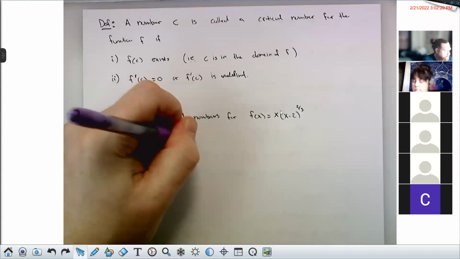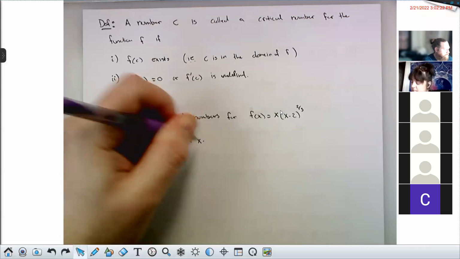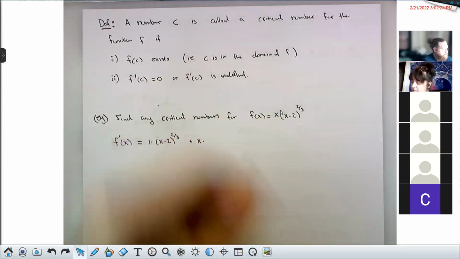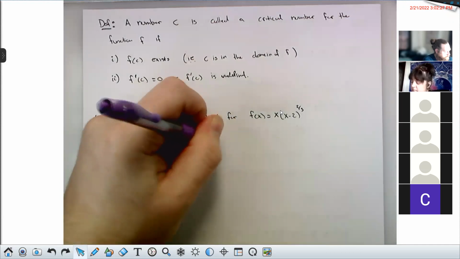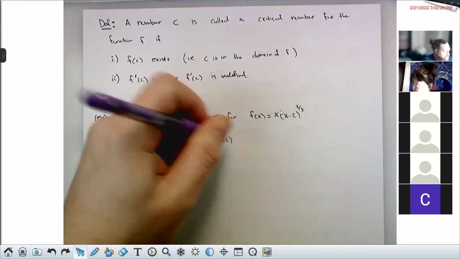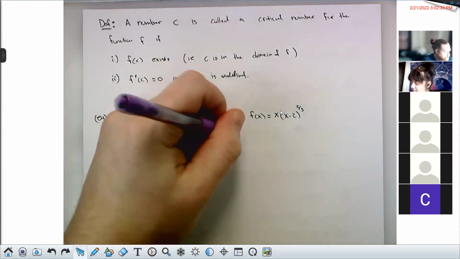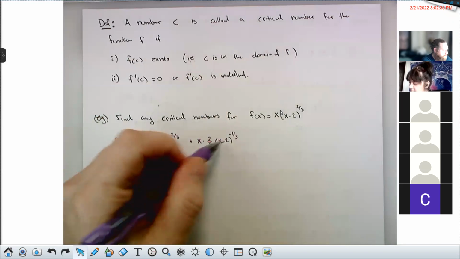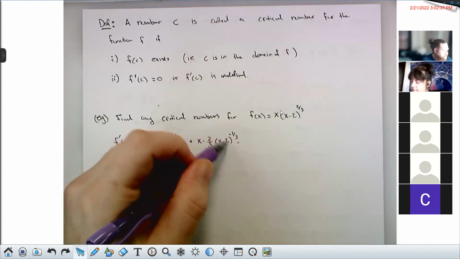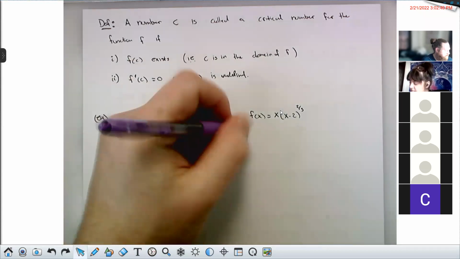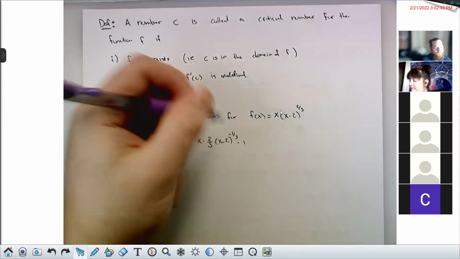And then I add that to what I get when I leave the x alone, but differentiate the (x minus 2) to the 2/3, which is 2/3 times (x minus 2) to the 2/3 minus 1, which is negative 1/3. And then by the chain rule, I'd have to multiply by the derivative of the inner thing here, x minus 2's derivative, but that's just 1.